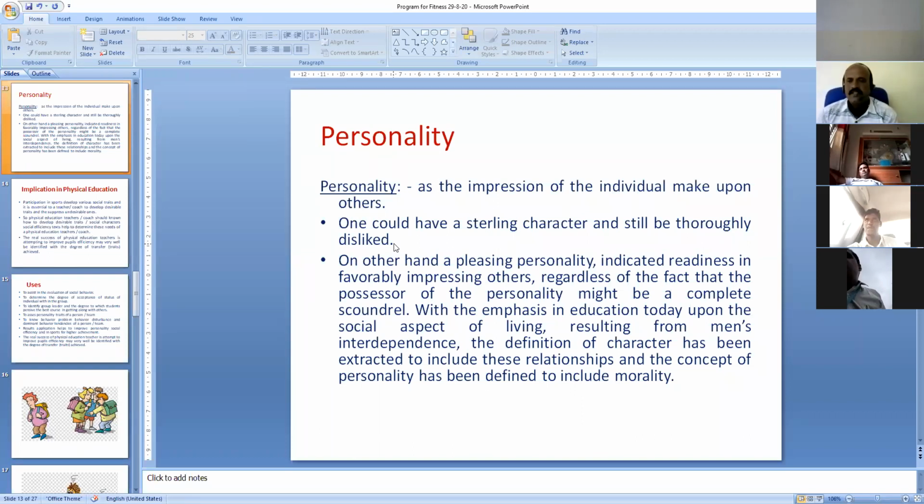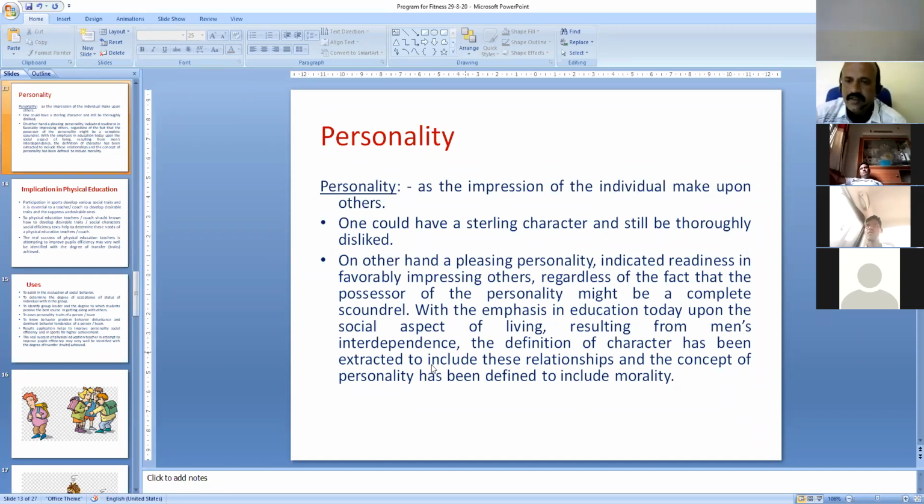So that means the outer look, you cannot decide. That outer look helps you to make an understanding of the students, but you have to go inside the students, and you have to test how the students are, whether they really have good character, whether they are really having a good personality. All these things you can understand by studying these aspects.